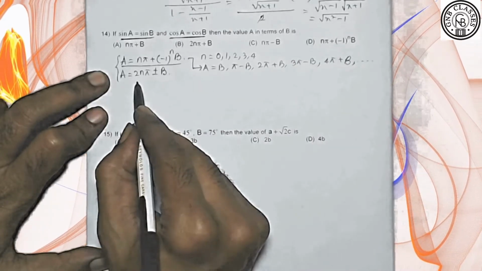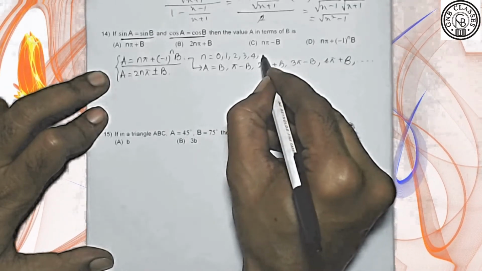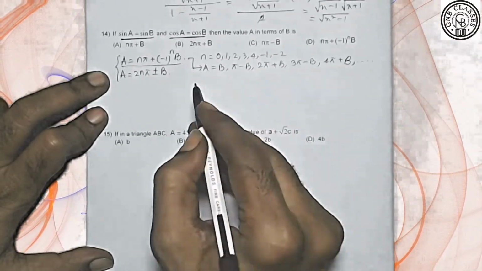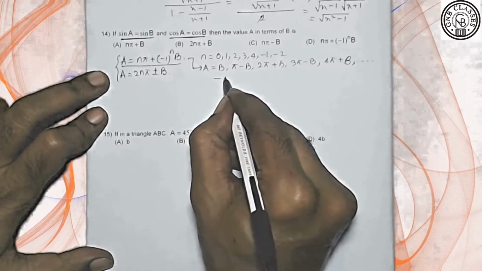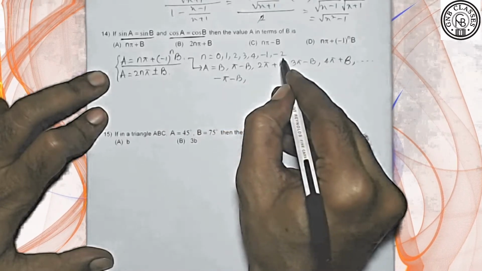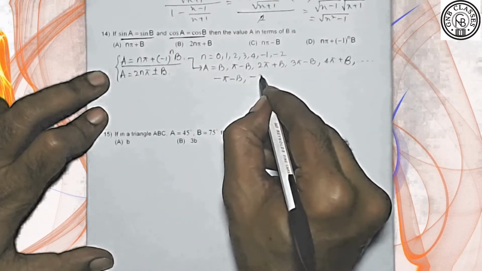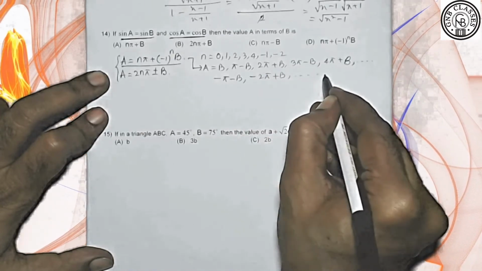And you see, in this case, even if we take negative values, let us say -1, -2, then what happens? If I take n is -1, it will become minus pi minus B. If I take -2, it is coming to minus 2 pi plus B, and so on.